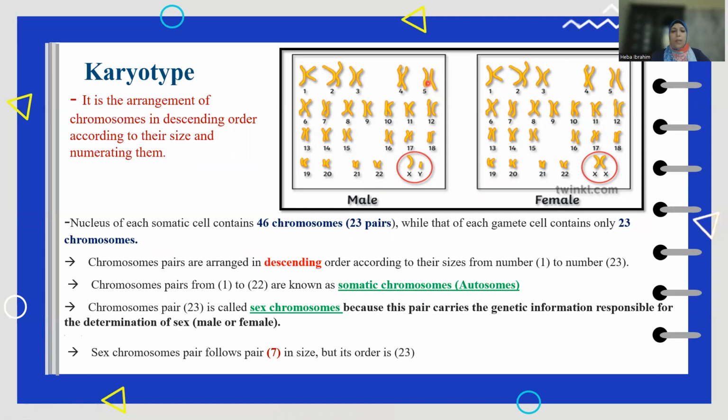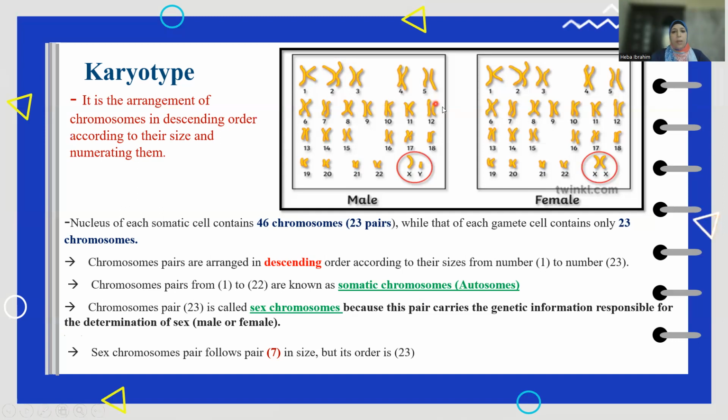For example, inside our body cells we have 46 chromosomes, or 23 pairs of chromosomes. These chromosomes are arranged in the form of homologous pairs, similar and identical, in a descending order according to their size.